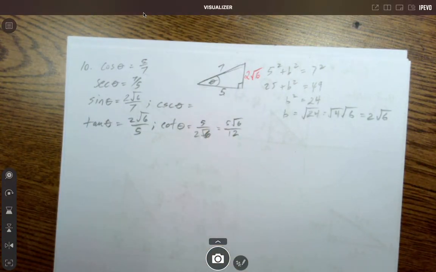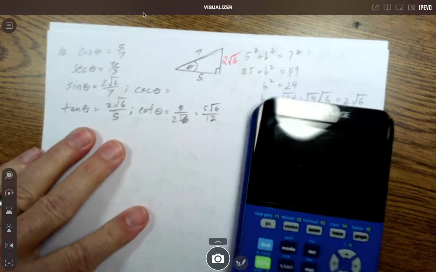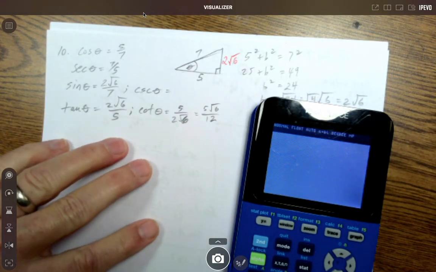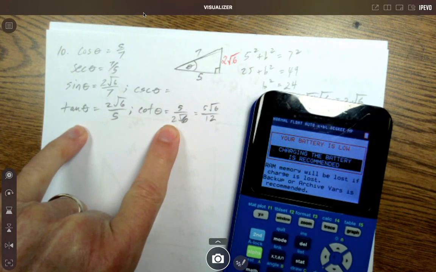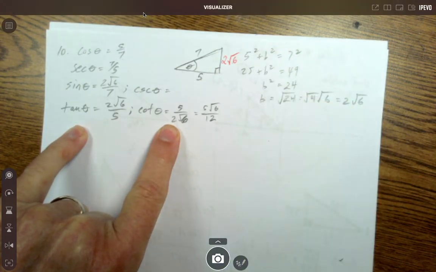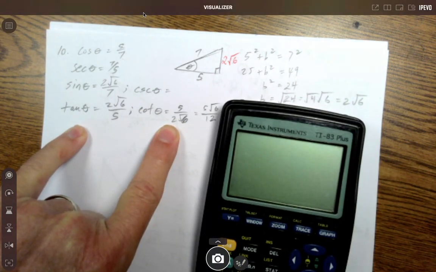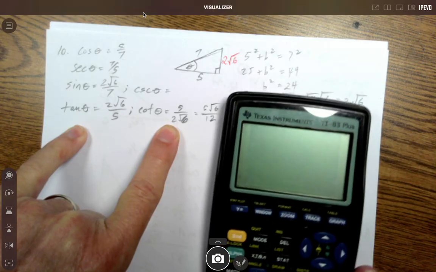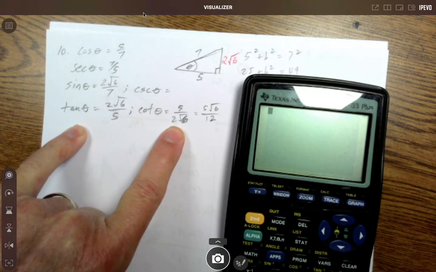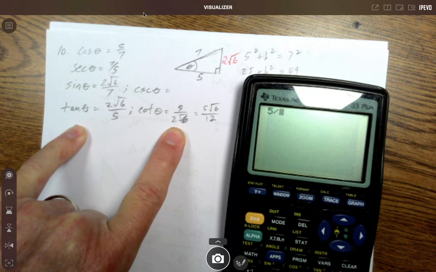So there's your simplified answer for that. Now if you're not sure you did it right, you can put both of these into your calculator and make sure that you get the same number. So for instance, what I mean by that is if I put in 5 divided by parentheses 2 square root 6 close, I get 1.0206.